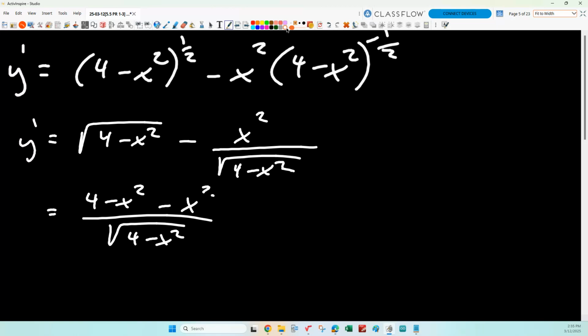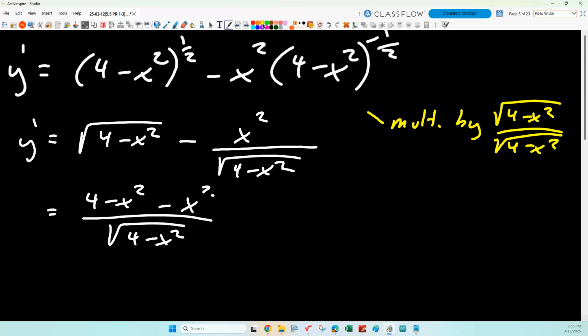Everybody see that? Because what did we do here? We multiplied that by the square root of 4 minus x squared over the square root of 4 minus x squared, right?